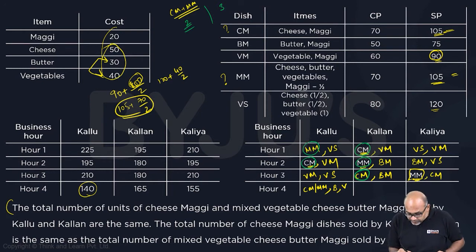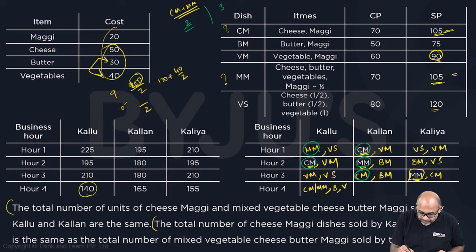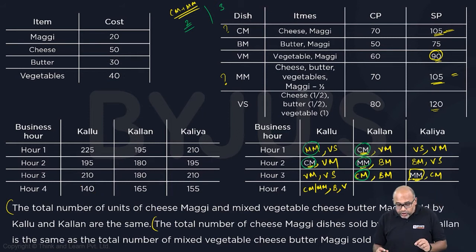There's one more. The total number of cheese Maggi dishes sold by Kallu. So let me just erase the unnecessary part. Okay. So where was I? Yes. The total number of cheese Maggi dishes CM by Kallu and Kallan is same as the total number of, okay, so CM total dishes by Kallu and Kallan.